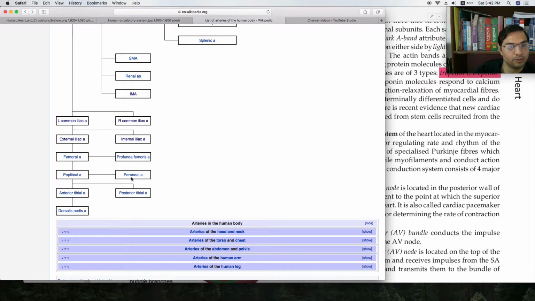So this peroneal artery is very important. The popliteal artery gives two branches: one is the anterior tibial artery and the other is the posterior tibial artery. The anterior tibial artery is at the front.